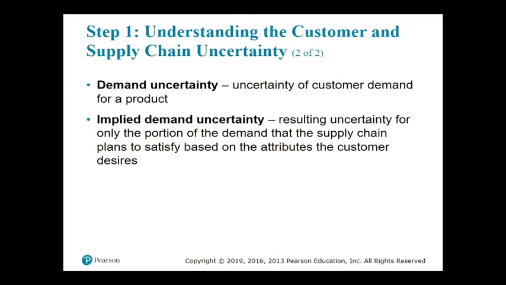So, for example, the emergency order versus regular order scenario, right? The demand uncertainty in emergency orders may be very high, and demand uncertainty in regular orders may be lower.